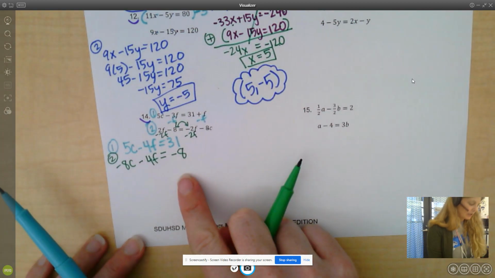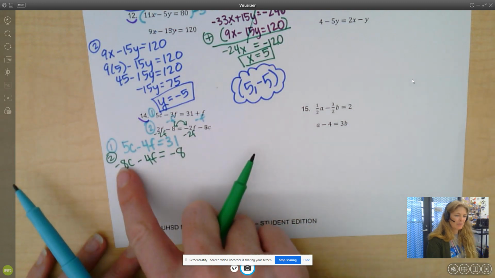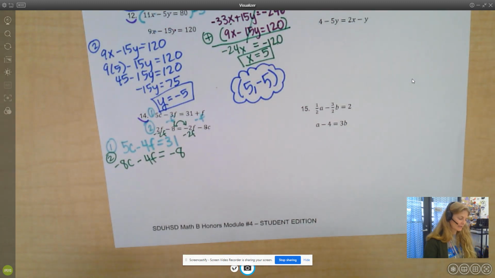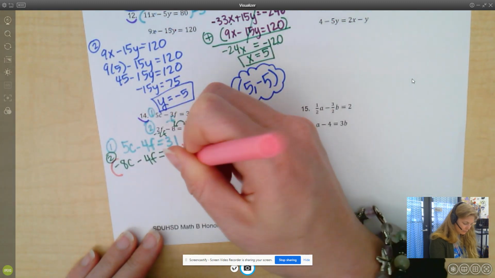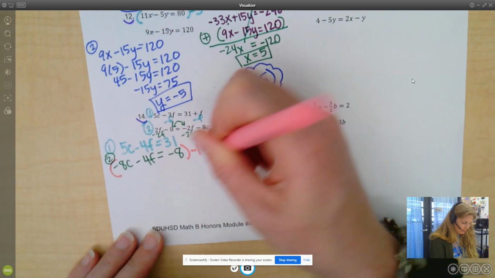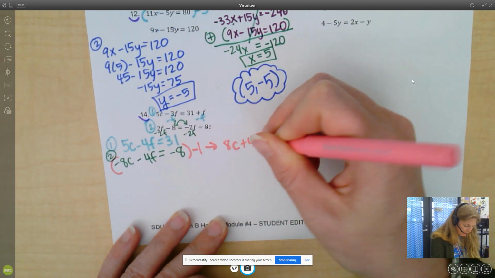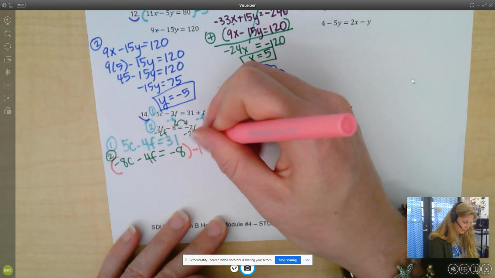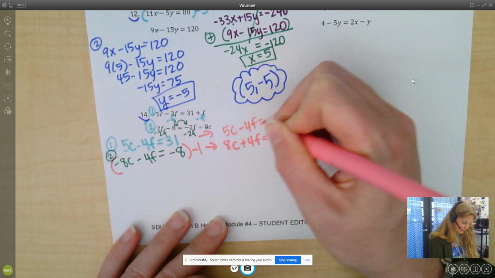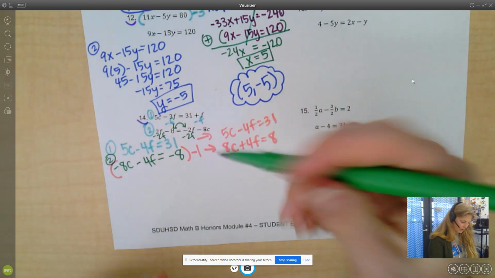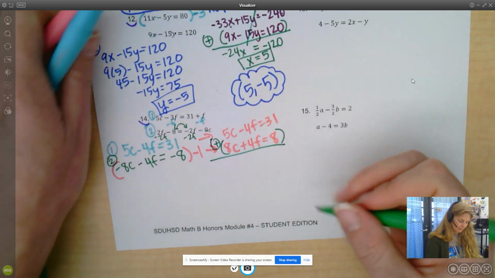From here, I notice that I have -4f and -4f, so I could subtract my system, but with all these negatives, I'm pretty sure I'd make a mistake. So I'm going to use that definition of subtraction to multiply equation 2 by -1 and just say 8c plus 4f is equal to 8, and bring over the first equation, 5c minus 4f is equal to 31. Show that I am adding that entire second equation.